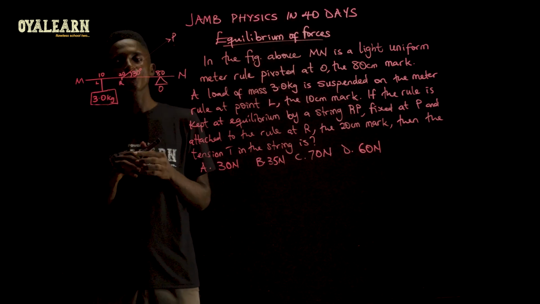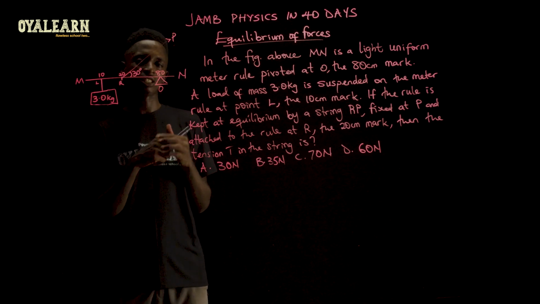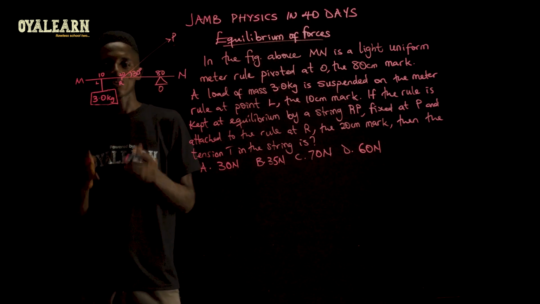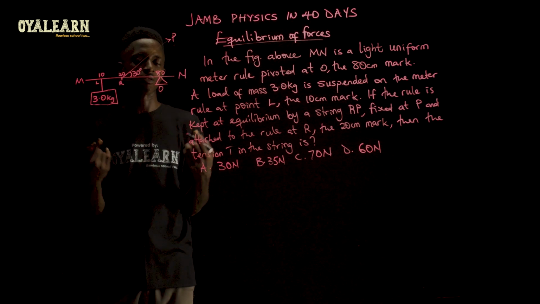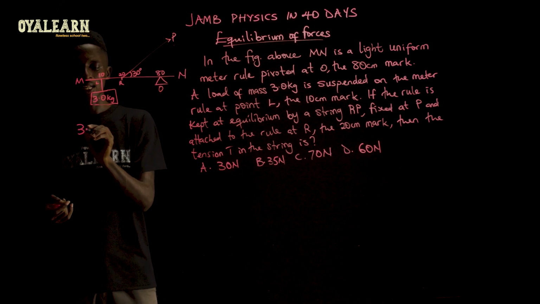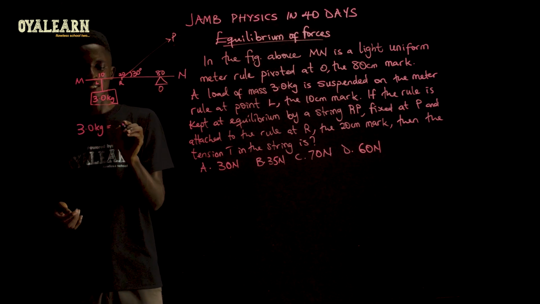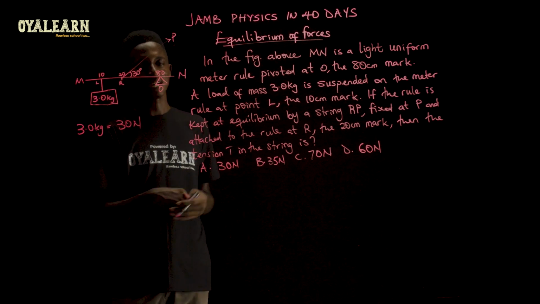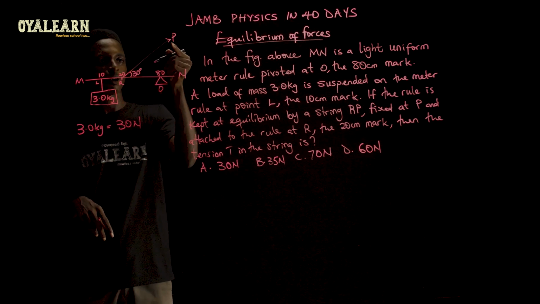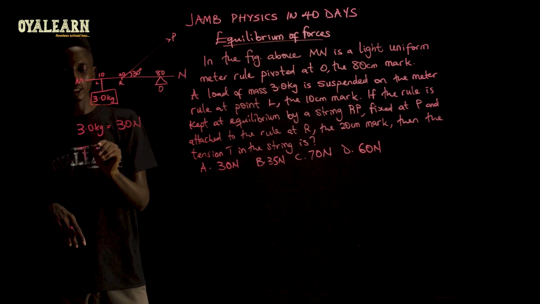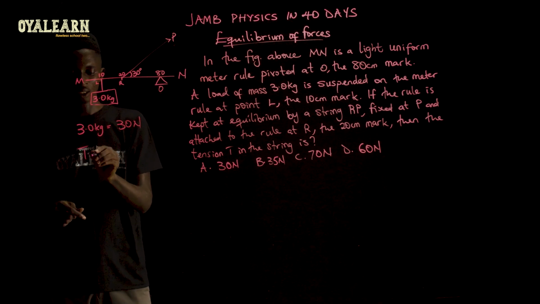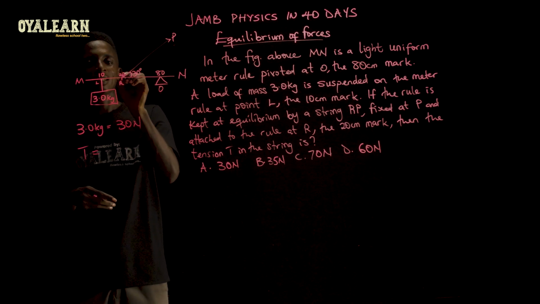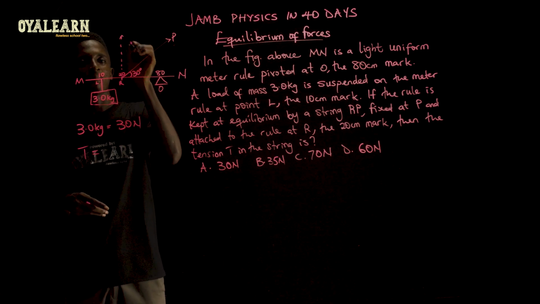Now, take note, tension is the force along a string, that passes through the string, and it is measured in newtons. So if we are calculating in newtons, everything here has to be converted to newtons. So we know that 3.0 kg is the same thing as 3 times 10, which will give you 30 newtons. That's taking g as 10. Let's say the tension is T. Remember, we have to find the component along the vertical part here.